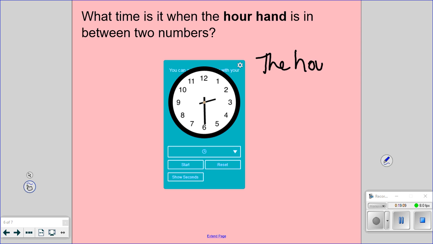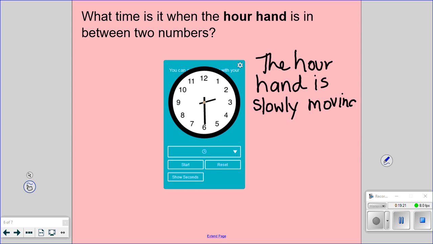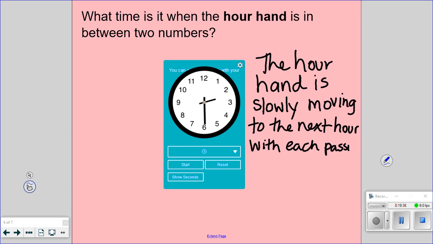The hour hand is slowly moving to the next hour with each passing minute.